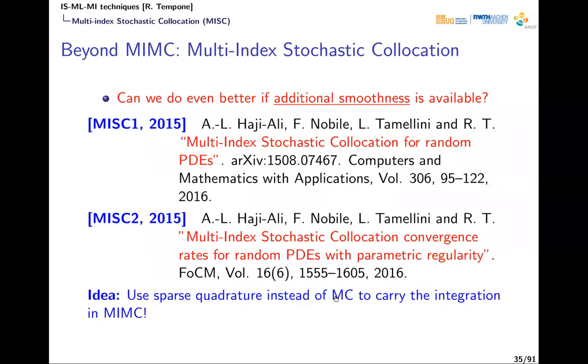Now, you can actually go beyond multi-index Monte Carlo by substituting the Monte Carlo quadrature by multi-index stochastic collocation using sparse quadratures instead. And then, provided the additional regularity that we characterize as well, you can produce more efficient computations.